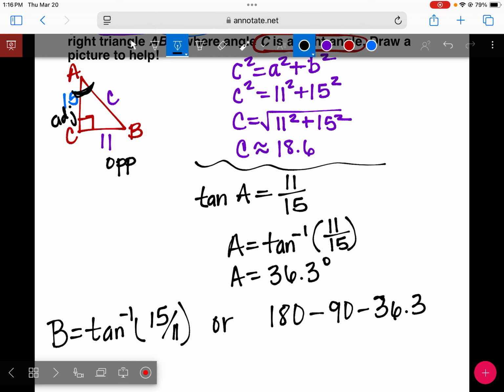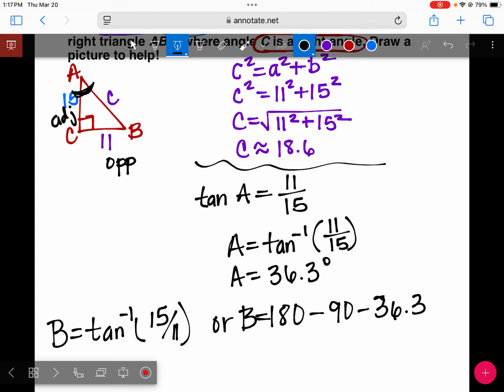Either way, you get the same answer. Since we already got both angles, we could just subtract, right? That was my second option I put up there. I said you could either do the inverse tangent or you could do 180 minus 90 minus 36.3. So you have two options now to get the same answer.